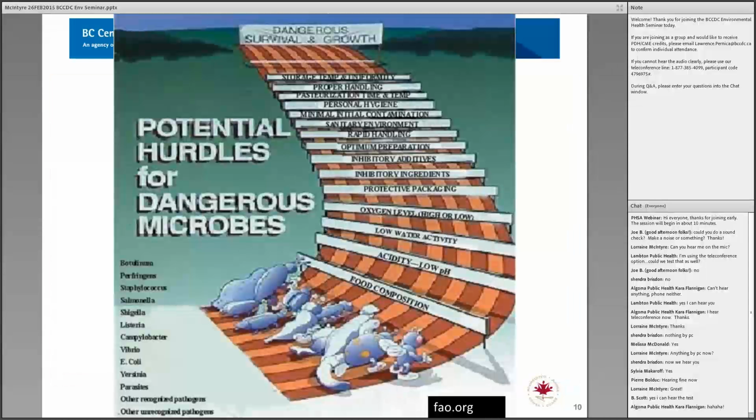Okay, so this slide is a bit blurry, but it's from the FAO site, and I just like the conceptual picture here where it's the food composition, acidity, water activity, and so on. So if you start adding all these things up, there's more and more hurdles that will prevent the microbes on the left-hand side of your screen there from growing.